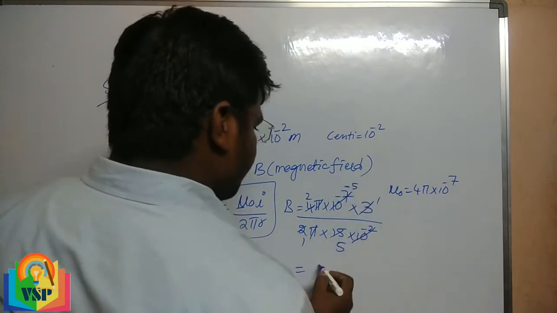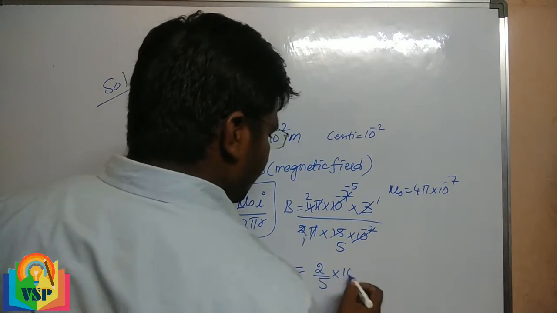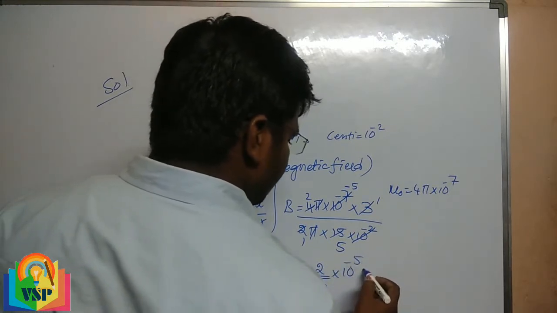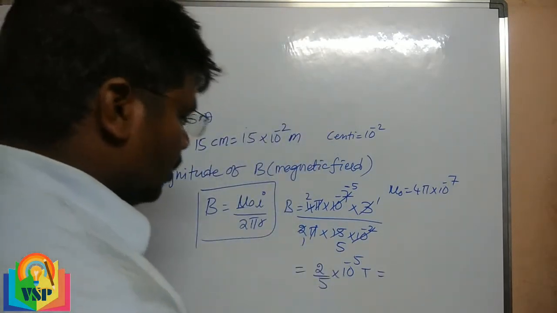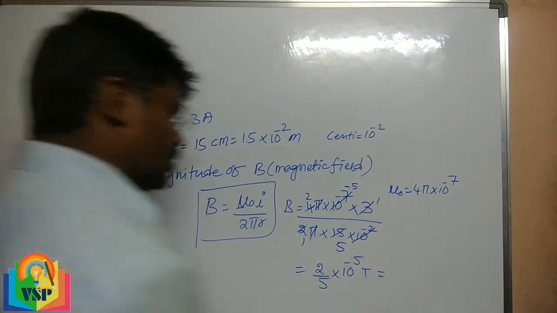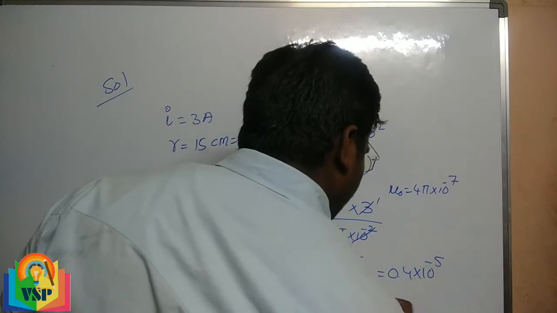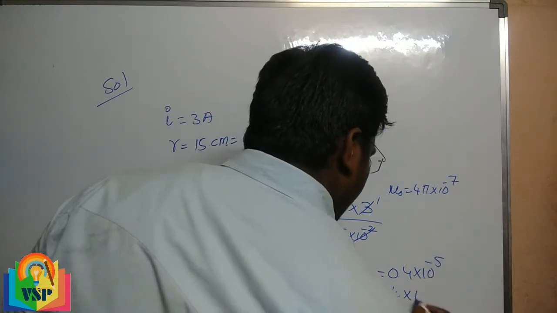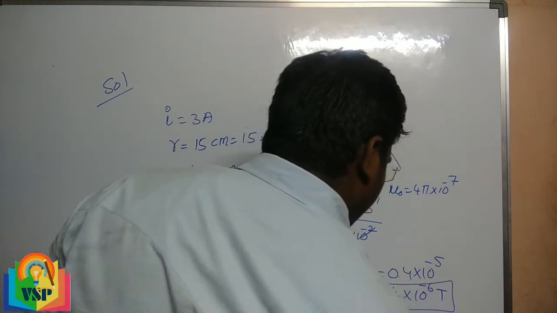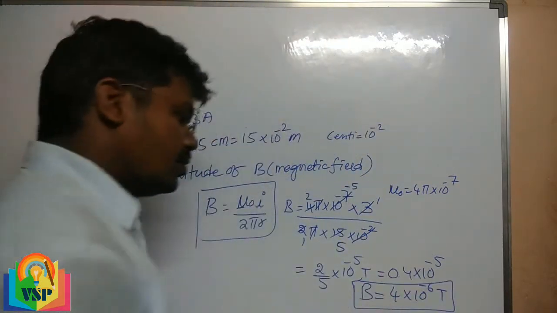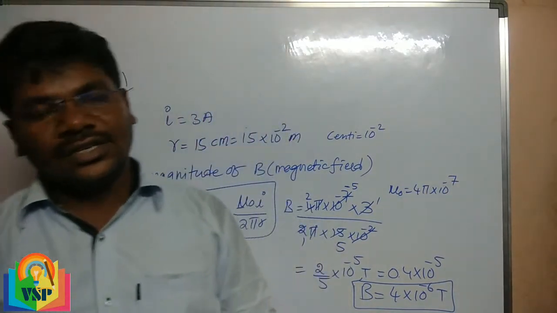We get 2 into 2 by 5 into 10 power minus 5 Tesla, that is equal to 0.4 into 10 power minus 5. We can write B is equal to 4 into 10 power minus 6 Tesla.